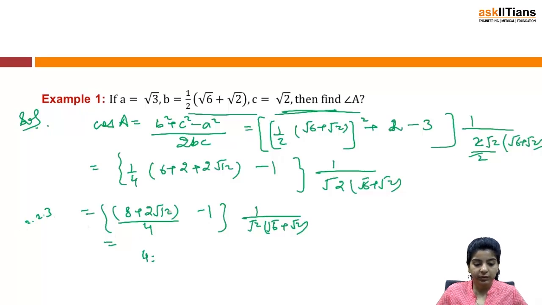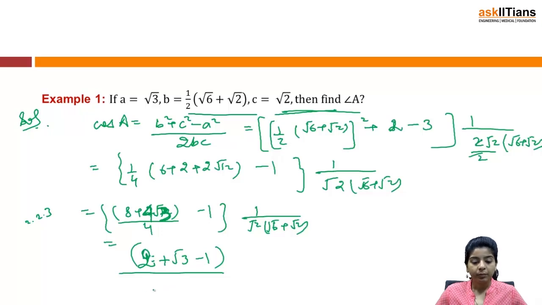So basically this becomes root 3, this becomes 4, and this basically becomes 2 plus root 3 minus 1 by, we have again root 12 plus root 4.